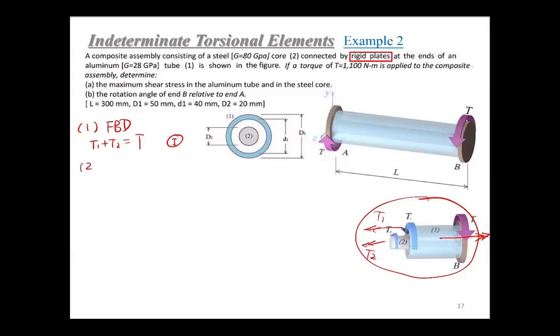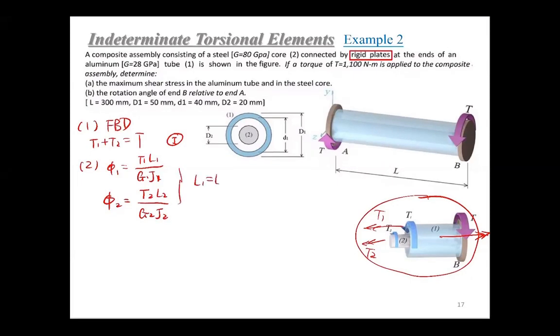Then the second step, you will get phi 1 equals T1 L1 over G1 J1. Phi 2 equals T2 L2 over G2 J2. And here, since L1 equals L2, it can be simplified a little bit.